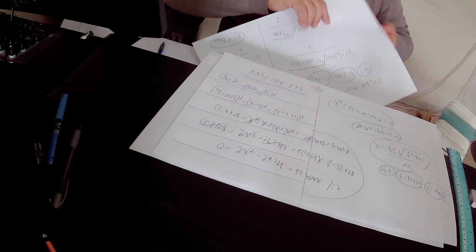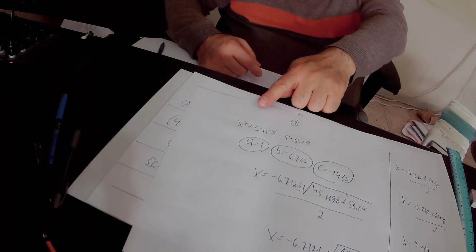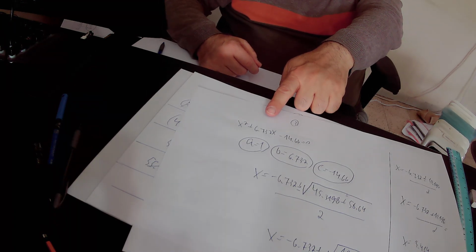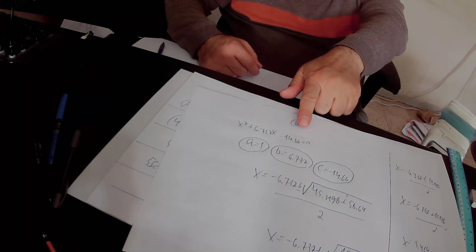So we found that x squared plus 6.732x minus 14.66 equals 0.